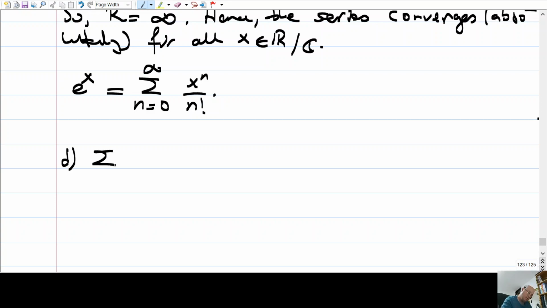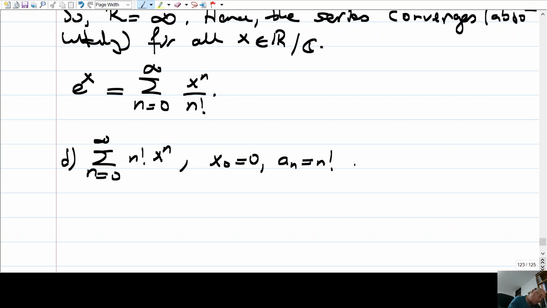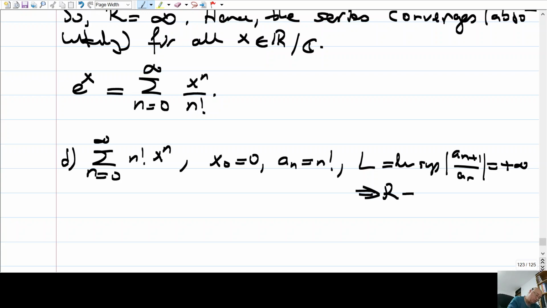D is... in this case x0 is again 0 and a_n is just n factorial, and if you compute L, lim sup of a(n+1) over a(n), so (n+1) factorial over n factorial, that is n plus 1 and its limit is infinite, and therefore the radius of convergence is 0.